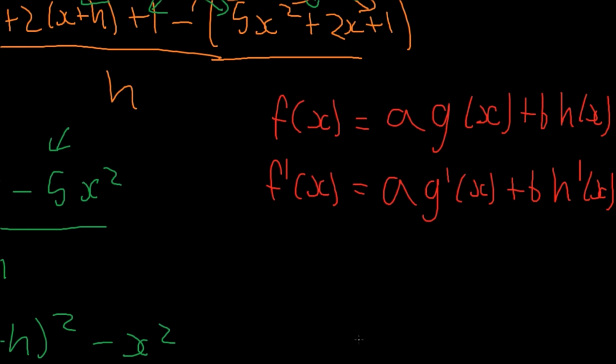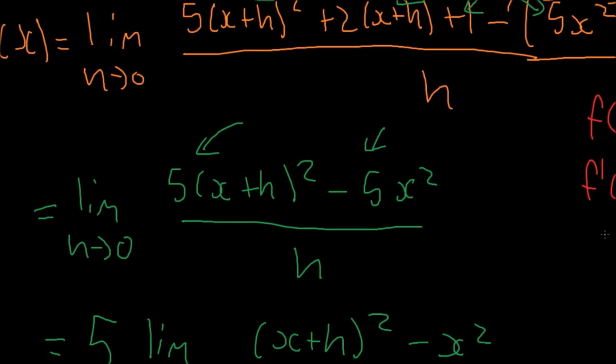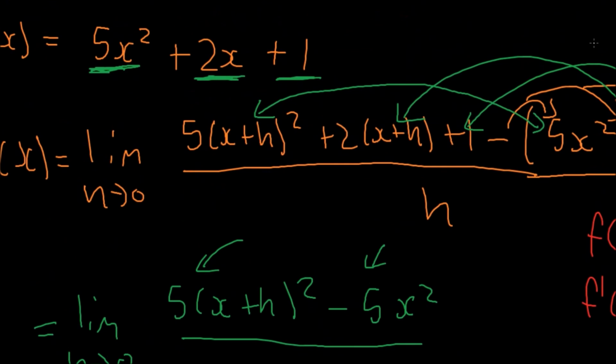Okay, so we don't even have to worry about these coefficients out front. We just have to take the derivative of the x squared, the derivative of the x, and the derivative of the 1, and then we'll just add together those three derivatives.